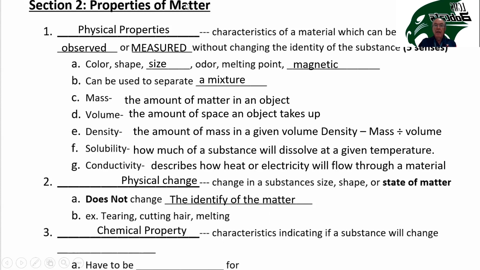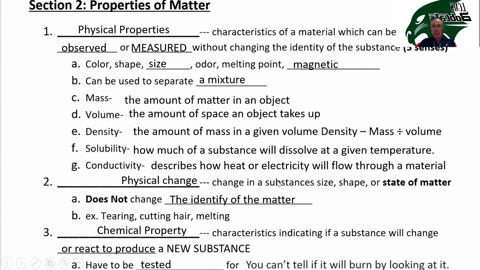Okay, now the other group of properties are chemical properties. And they're characteristics that indicate if a substance will change or react to make a new substance. Okay. Unlike these physical properties that we can observe or measure, these have to be tested for. So like if you just look at something, you can't tell if it will burn.